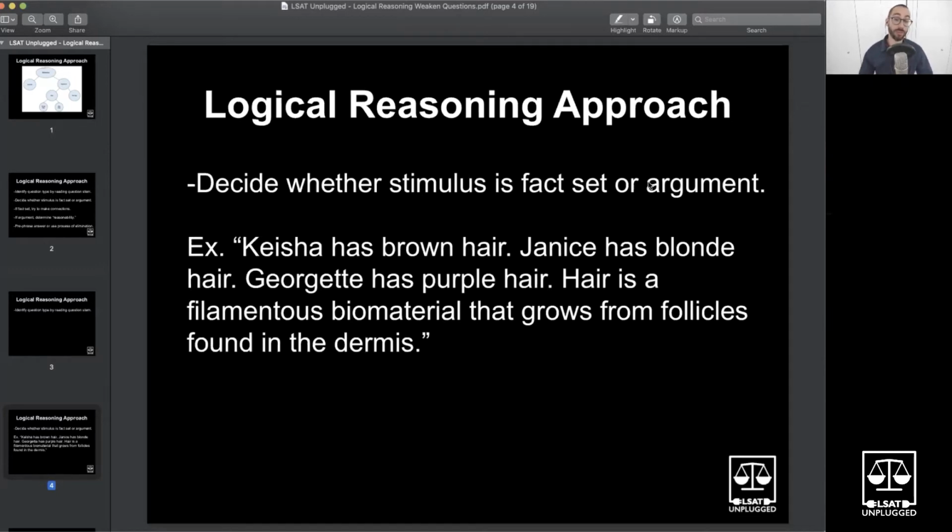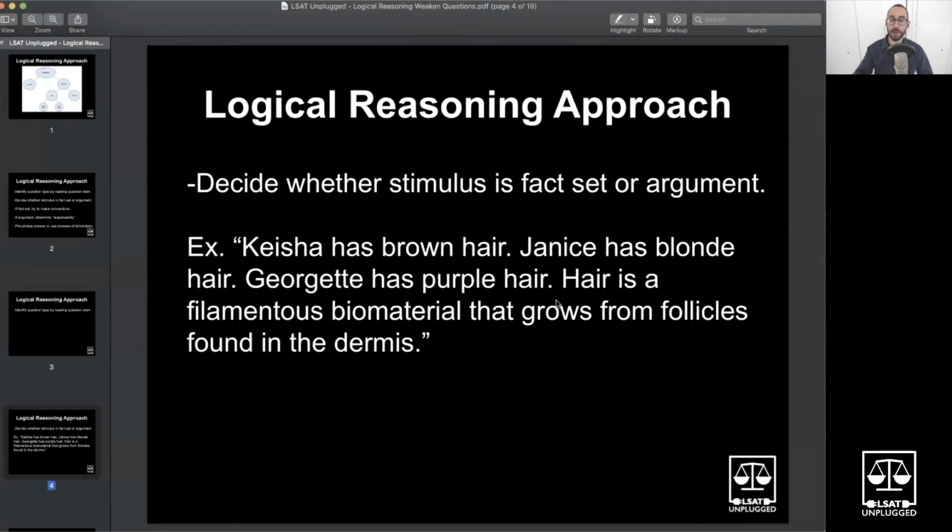If you really wanted to stretch it, you could say, well, Keisha, Janice, and Georgette all have hair. Therefore, as Alyssa's saying, they all have the filamentous, I'm not going to try and finish that out either, they all possess that biomaterial that grows from follicles. Not the most exciting inference, but technically it is one. Typically, it could just be this alone in an argument, really.